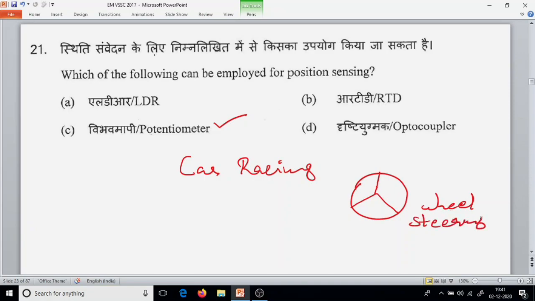When you turn, this attaches a potentiometer. This potentiometer is connected to the steering using some small gears so that it can be used to sense the position.